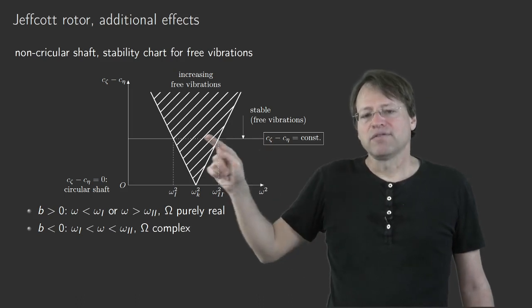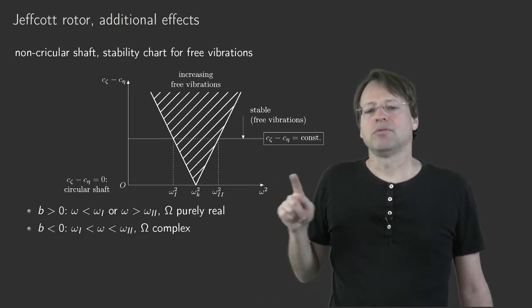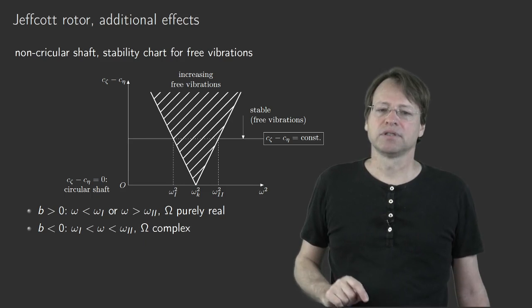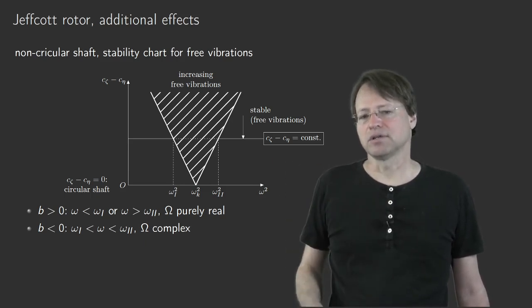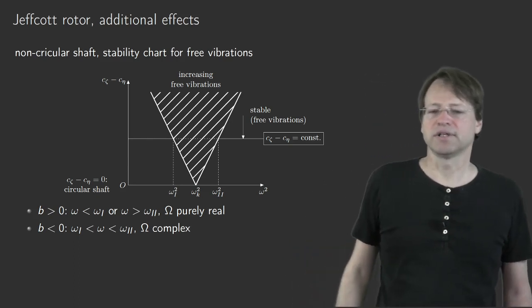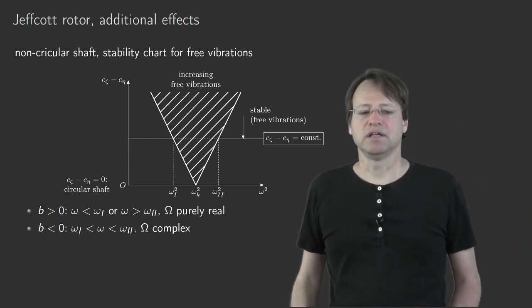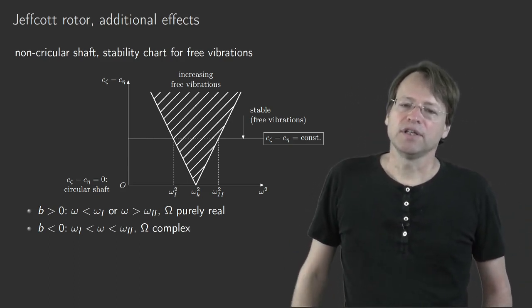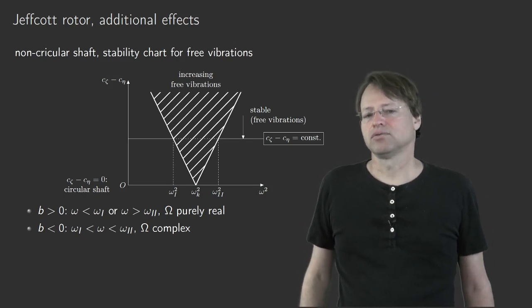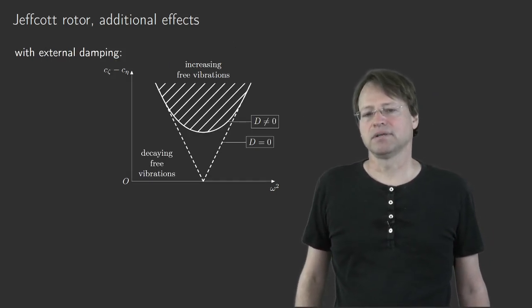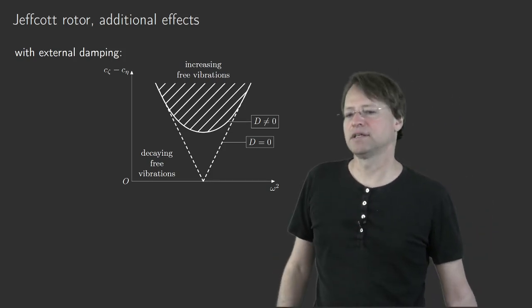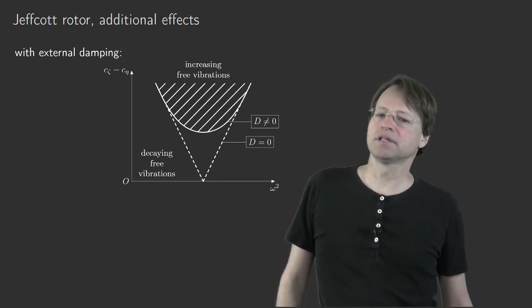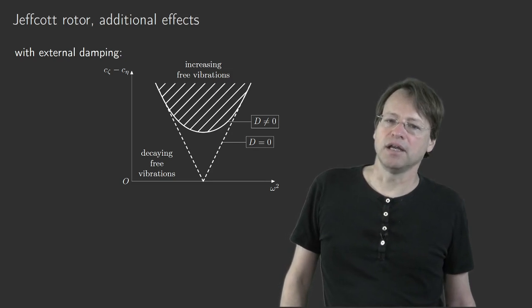In between, you have the range of values where the homogeneous solution tends to infinity, the amplitudes tend to infinity, and the stiffness matrix becomes indefinite. Can we translate this result to the case where we have damping? Yes, damping should ameliorate the situation a little bit, and that's the case here.